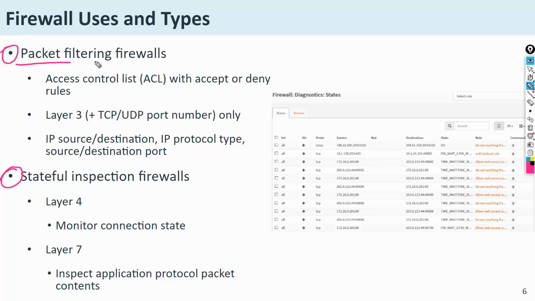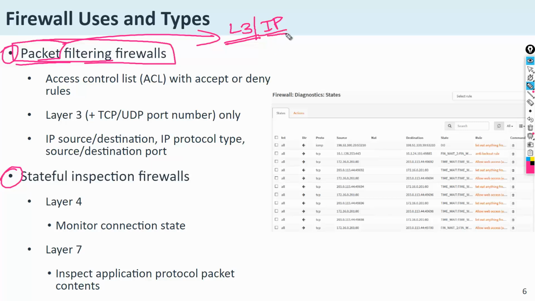Packet filtering firewall is, as its name says, about the packet. On which layer of the OSI model is the packet formed? On layer number 3, the packet, and it is identified with the IP address of the source and IP address of the destination.